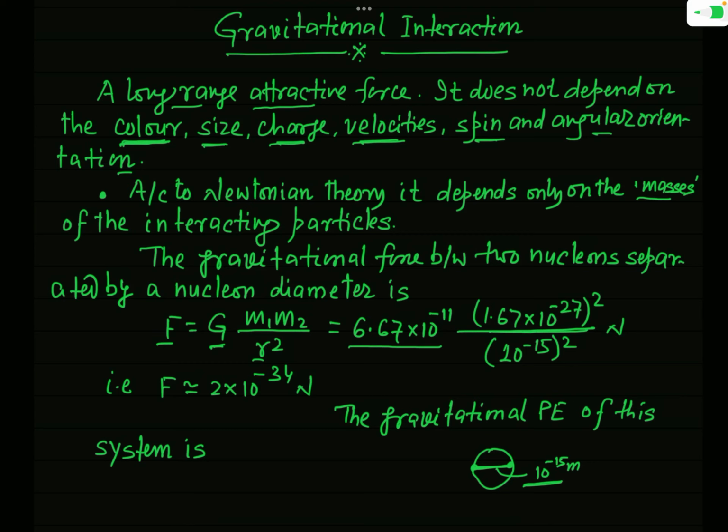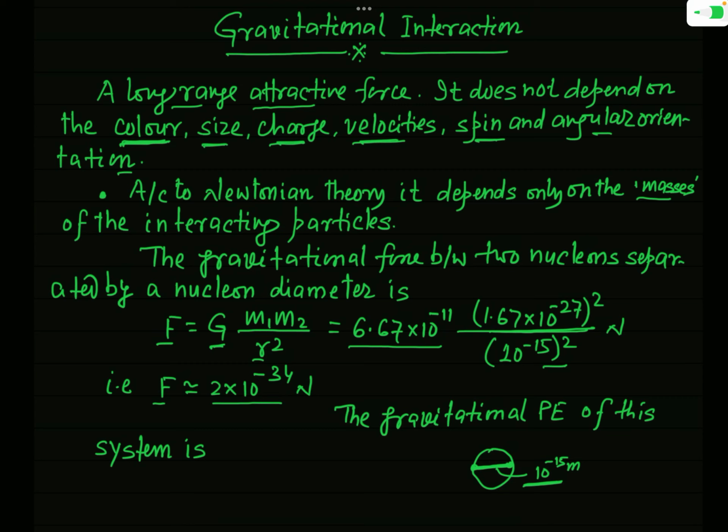And r, I have taken the separation between these two nucleons equal to 10 to the power minus 15 meter. So when we substitute all these numerical values and simplify, you will see that this force comes out approximately 2 into 10 to the power minus 34 newton.